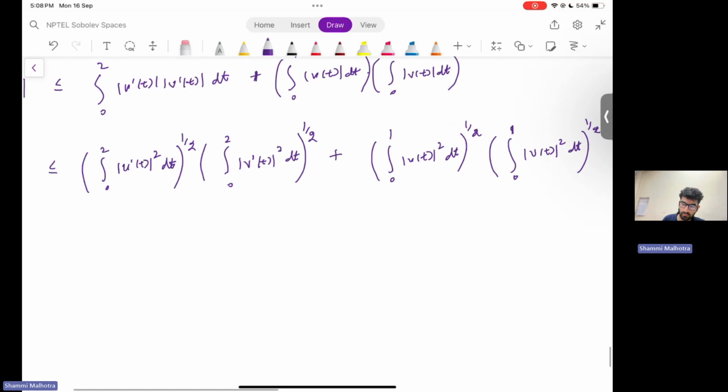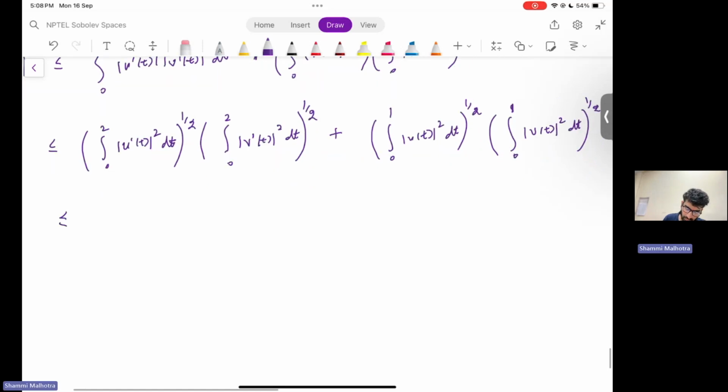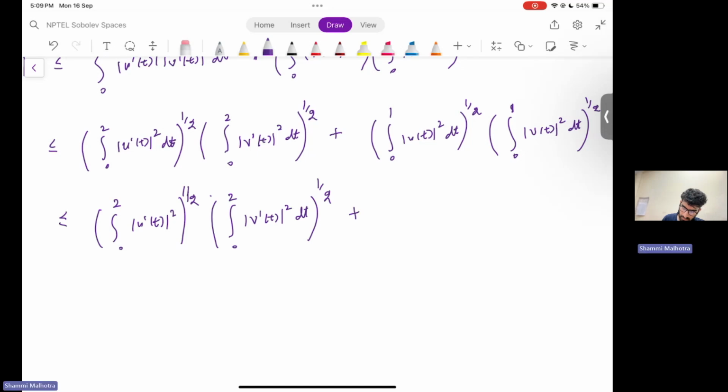And then I can write this whole thing as the integral of u(t) square, whole power half, times the integral from 0 to 2 of mod v(t) square dt, whole power half, and then I can take 0 to 2 here because of the positivity of the integrands.